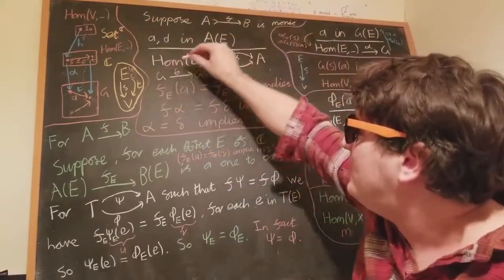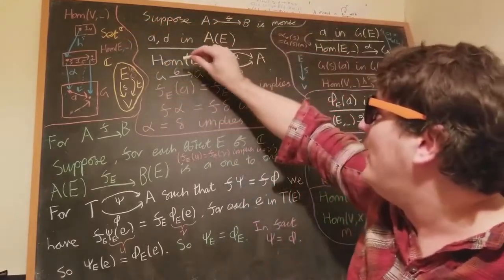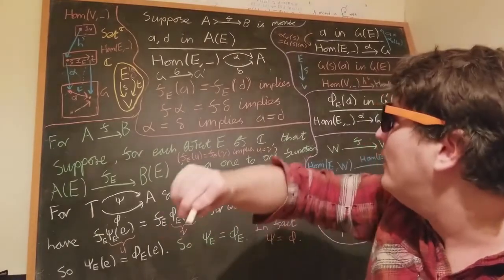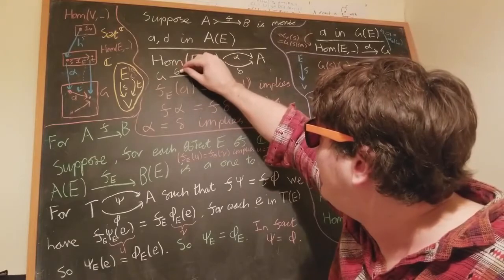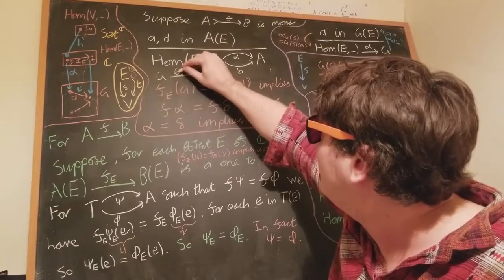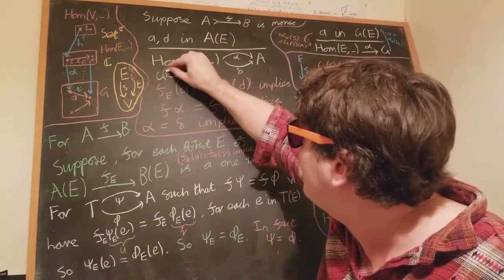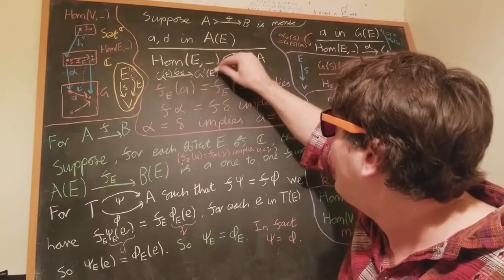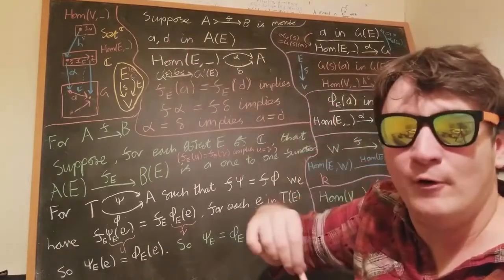Well then, G and G dash are both functors from C to Set, and zeta is a natural transformation between them. So for every object E, there's an E-th component of this natural transformation going from G of E to G dash of E. And these are sets, and so zeta E is a function.